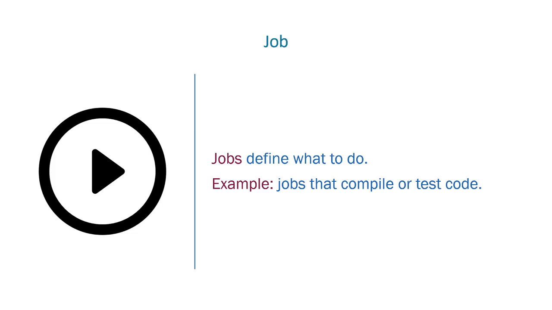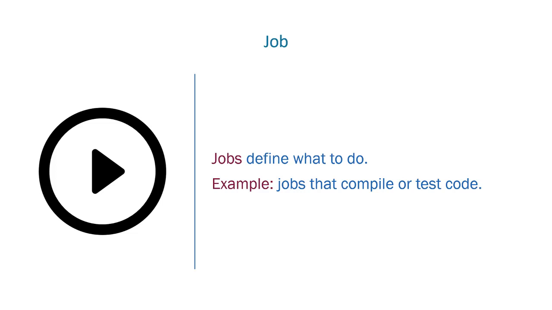The stages are some sort of logical ordering and grouping on how things run. But what's actually going to happen? What's the actual goal we're trying to achieve here? That goal is actually run by the jobs. The jobs define what to do.